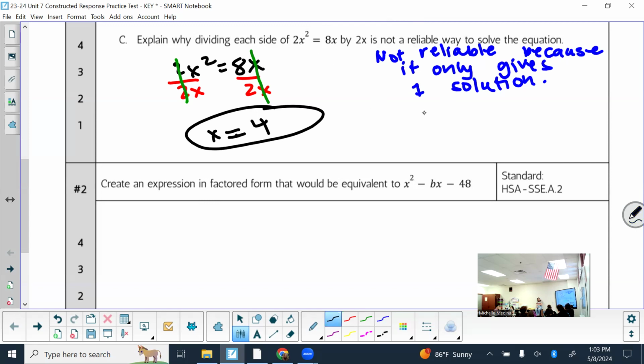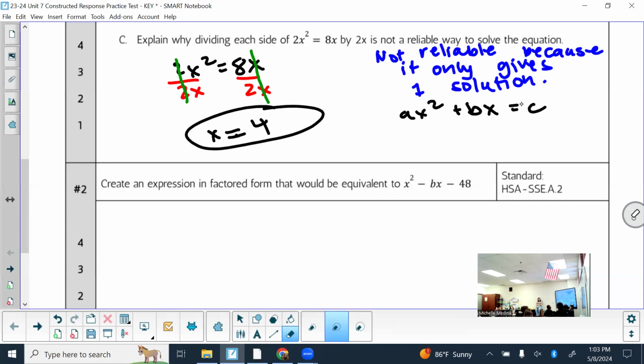Okay. So then the factor, what form does it need to be in? So that would be for completing the square. If I want to solve it by factoring, what form does it need to be in?